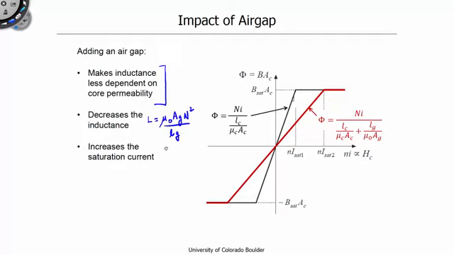Another reason for adding the air gap is that it allows us to increase the saturation current for our inductor. The saturation current is the current at which the core saturates.